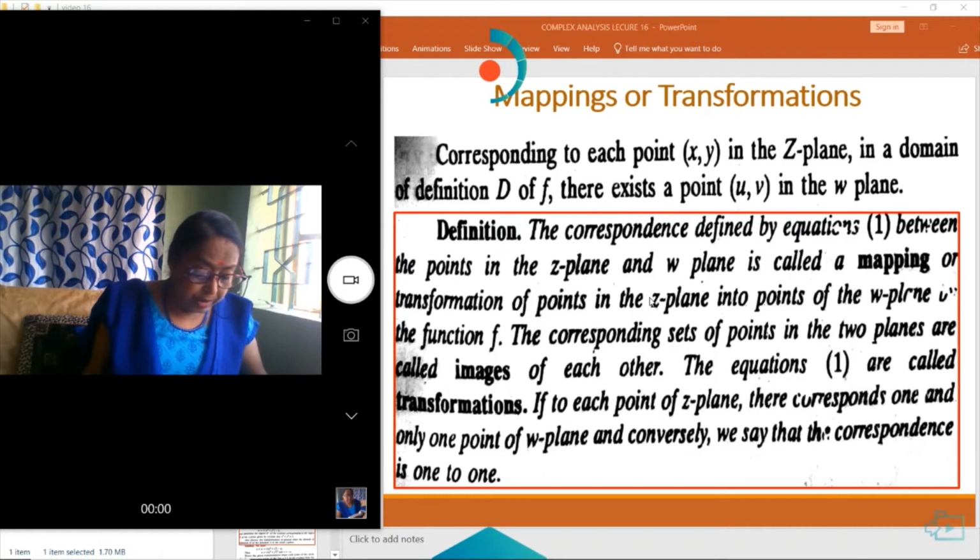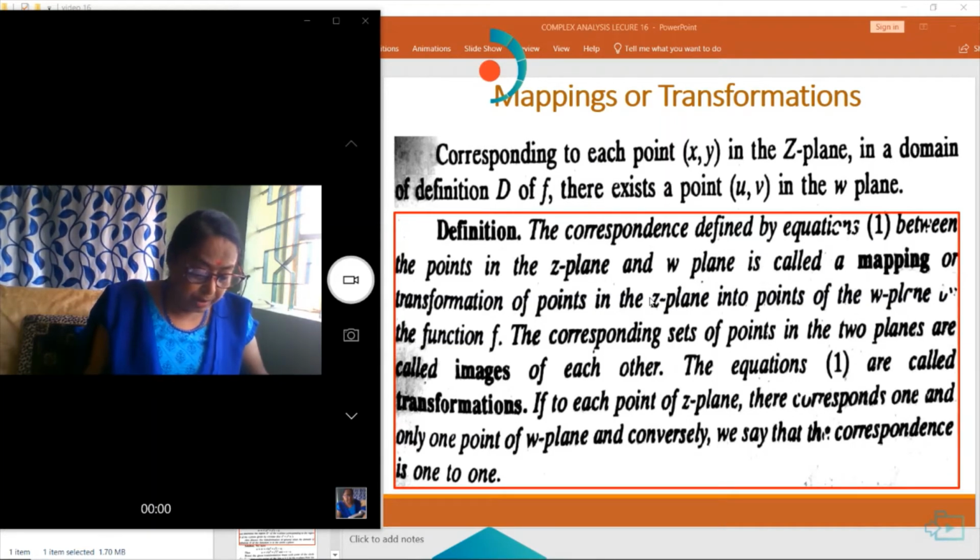The corresponding sets of points in the two planes are called images of each other. The equations 1 are called the transformation.